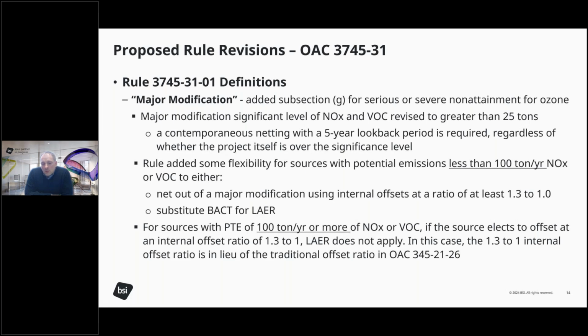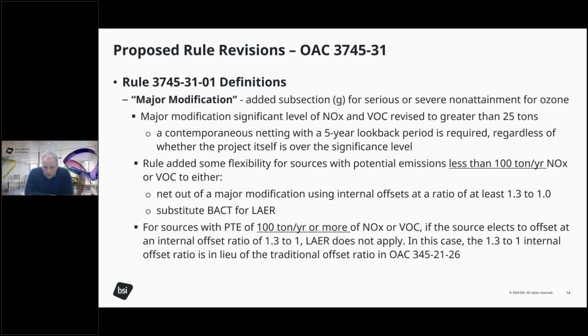So the new section G1 in the changed rule states for serious non-attainment areas, a project is not a major modification if the net emission increase of NOx or VOC does not exceed 25 tons per year when aggregated with all other net emission increases from the source over any period of 5 consecutive calendar years.